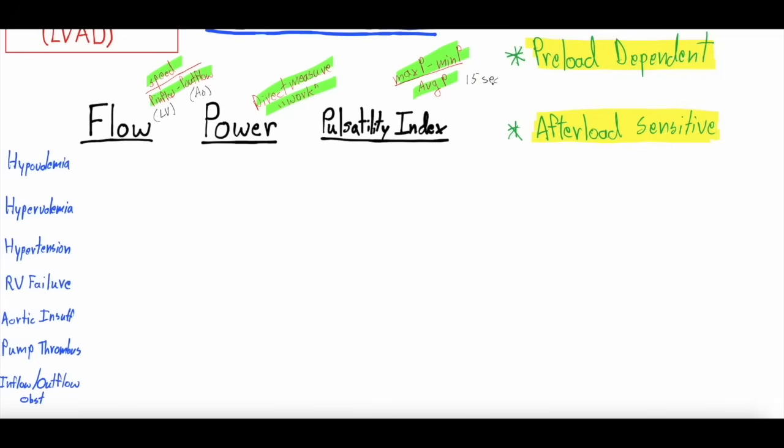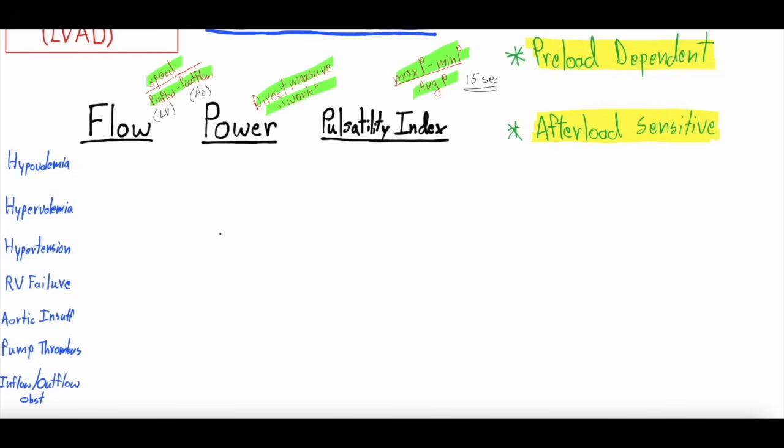So the LVAD tracks the power over 15 seconds, and the heart is beating within those 15 seconds. Then it subtracts the minimal power from the maximal power, divided by the average power, to give this pulsatility index. So it's a measurement of how the flow changes as the heart's inherent contractility is functioning, okay? And we're going to return to all these concepts as we talk about these clinical conditions. I think it'll start to add up a little bit more.